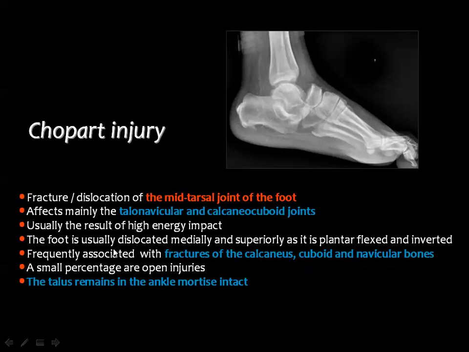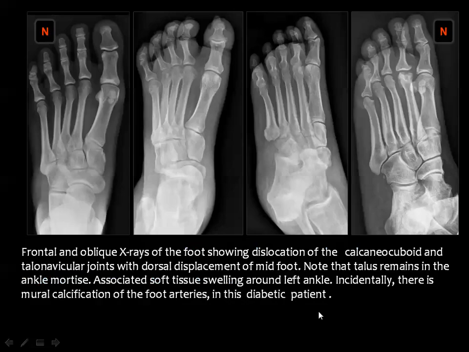The foot is usually dislocated medially and superiorly, as it is plantar flexed and inverted, frequently associated with fractures of the related bones, the calcaneus, the cuboid, and the navicular. But the talus usually remains intact and its relation with the tibia is preserved.